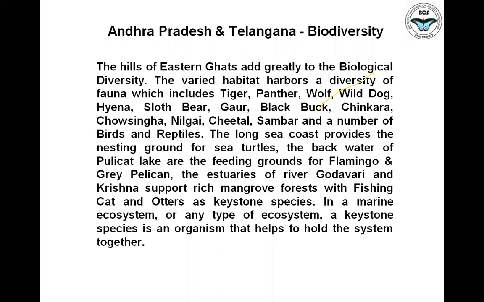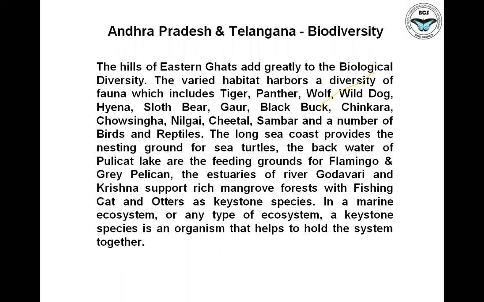The long sea coast provides the nesting ground for the sea turtles, and the backwaters of Pulicat Lake are the feeding ground for flamingos and grey pelicans, which migrate in the winter, that is from October to March.